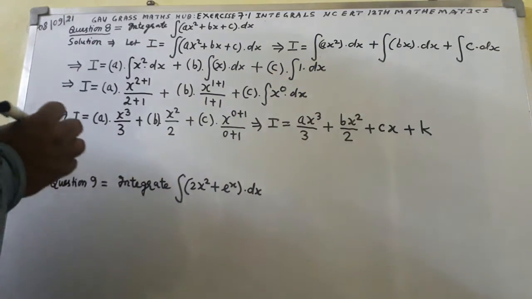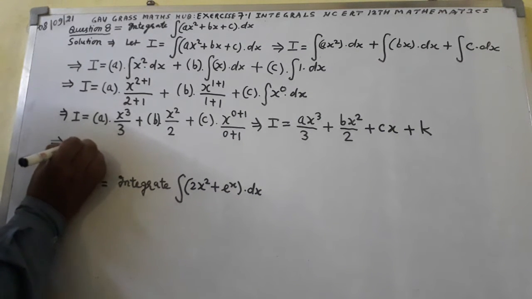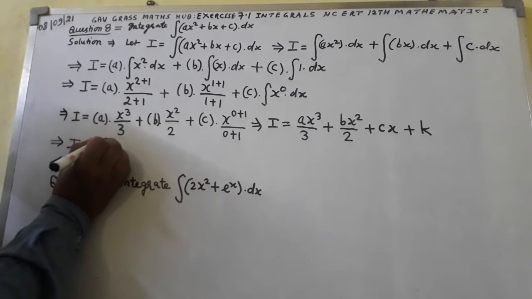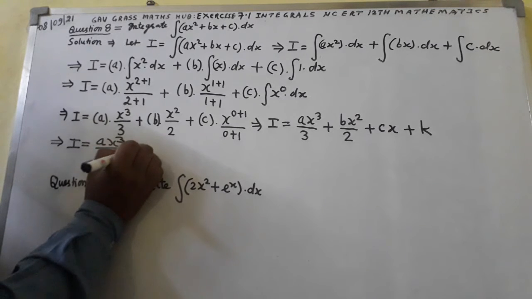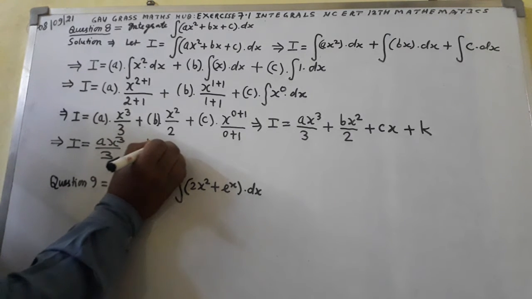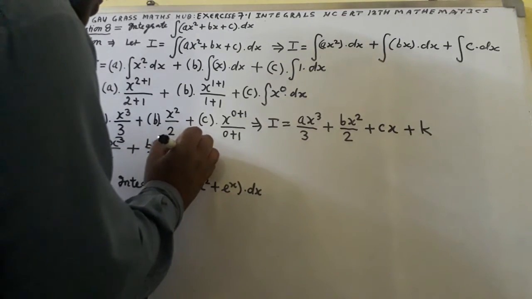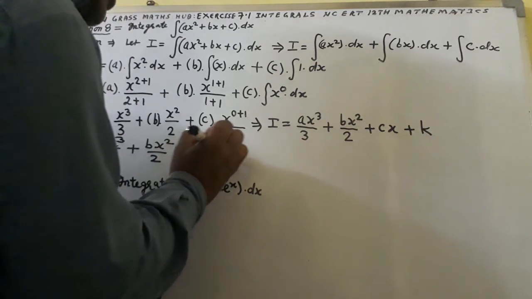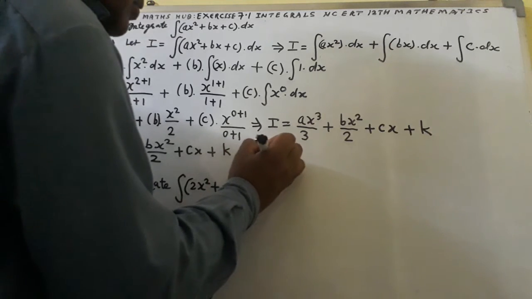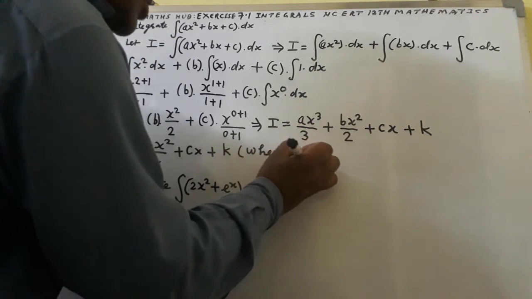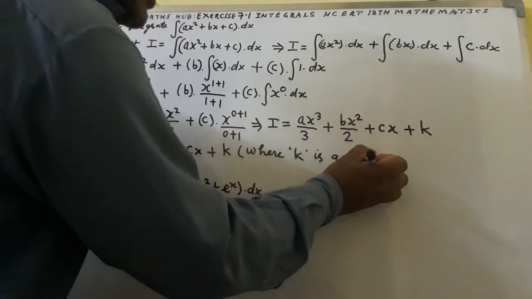So we have got the final answer, implied that I equal to ax cube whole over 3 plus bx square whole over 2 plus cx plus k, where small k is a constant.